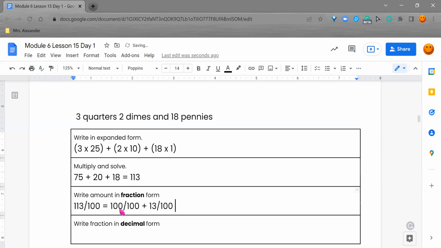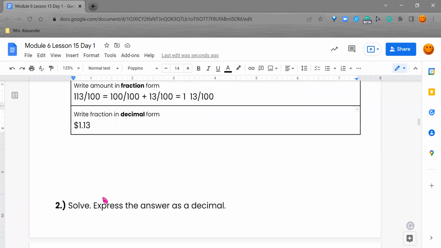I have 13, which tells me I have 1 and 13 hundredths. Now we're going to turn that 1 and 13 hundredths into decimal form. And because I'm dealing with money, I'm putting down my dollar sign. I have 1 whole with 13 hundredths. So I have $1.13 for 3 quarters, 2 dimes, and 18 pennies.